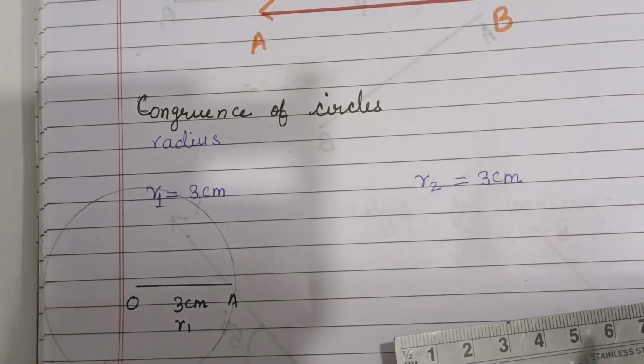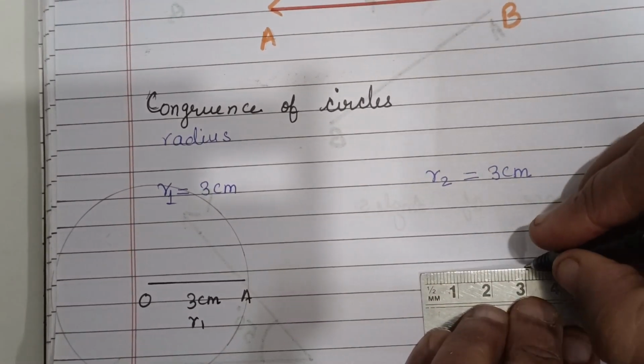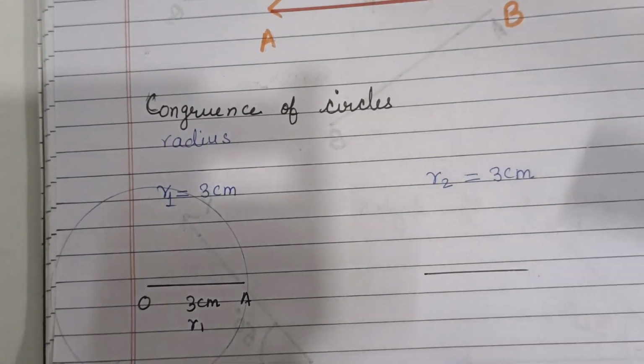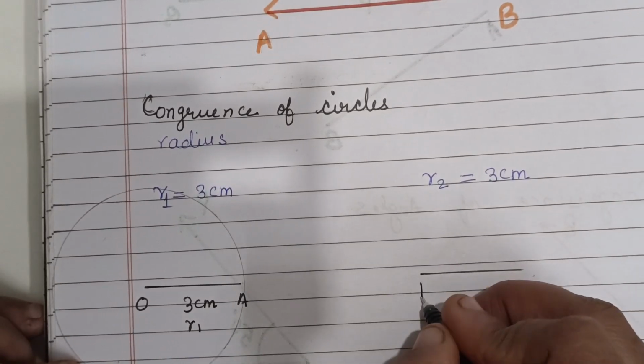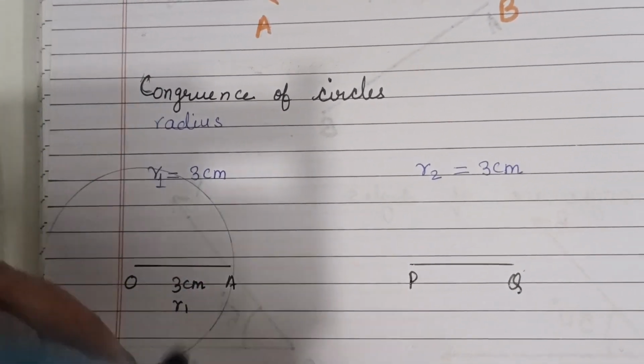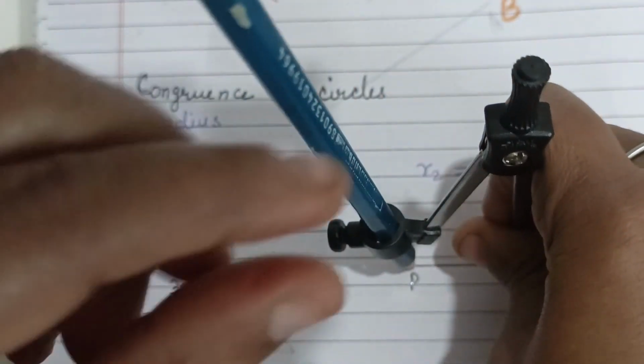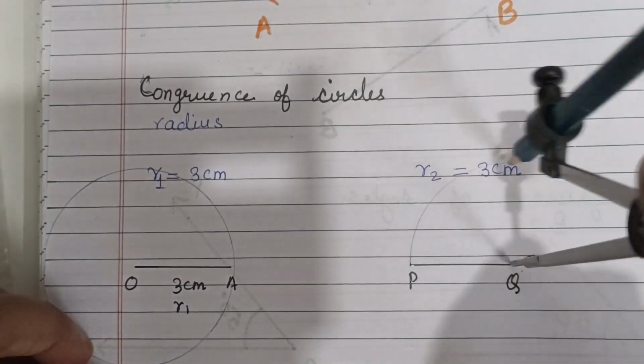That is also 3 centimeters. Let it be PQ. Again take Q as the center, take P as the radius and make another circle of 3 centimeters.